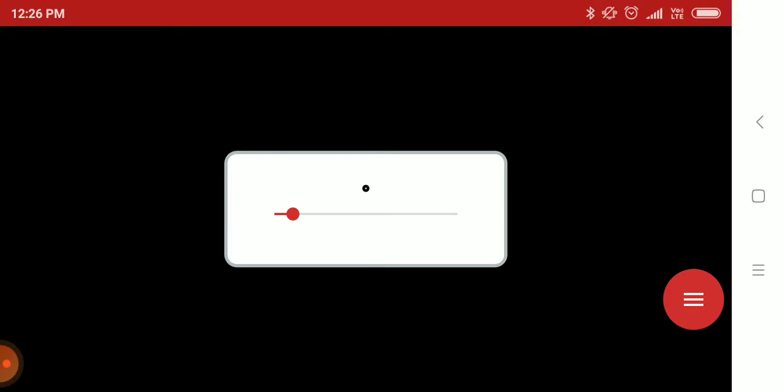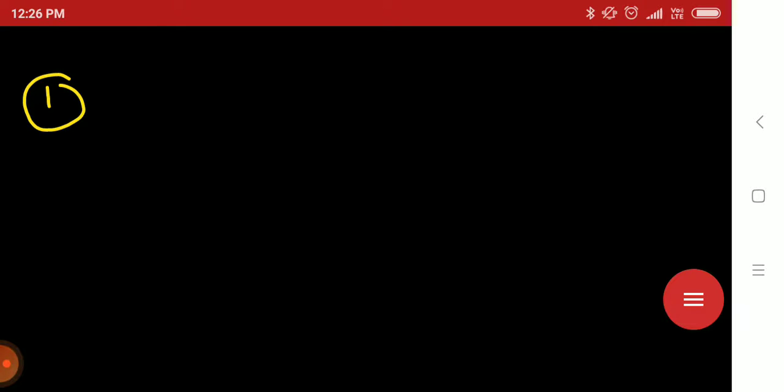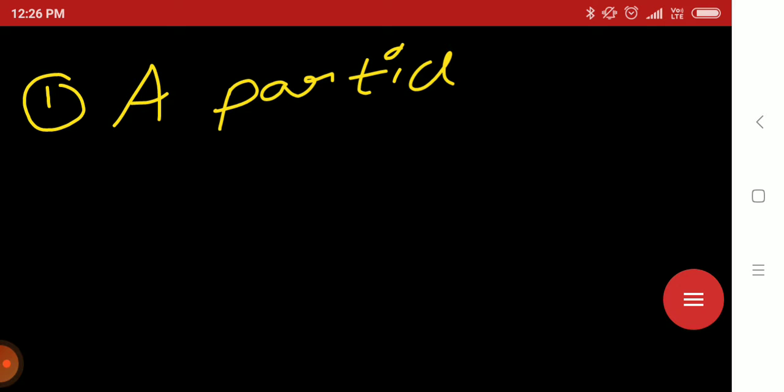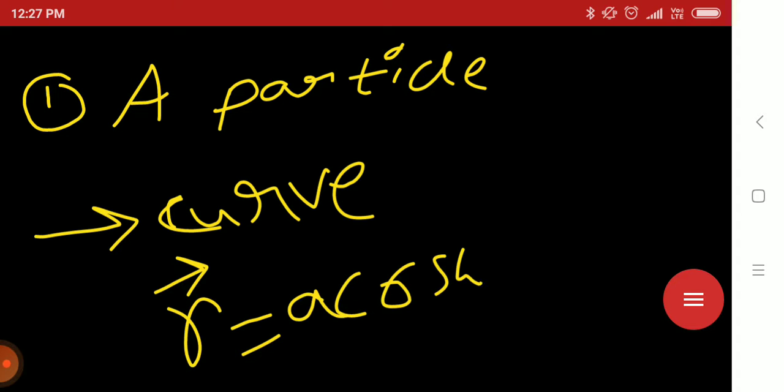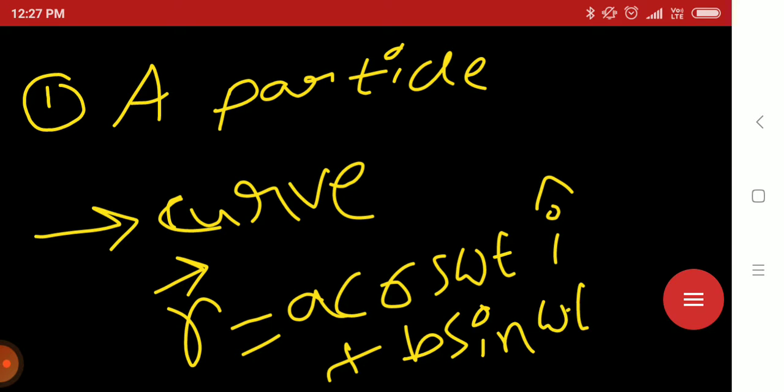So first problem is what? A particle is moving along a curve, and the curve is defined by r vector equals a cos omega t i cap plus b sine omega t j cap.